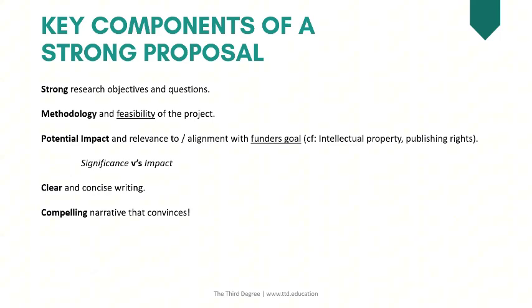We want to see methodology and feasibility of the project. Now, here's a big difference. In a PhD, it's generally feasible that it will happen. But there's also a possibility that things won't happen quite the way they're expected, i.e. the feasibility is different.